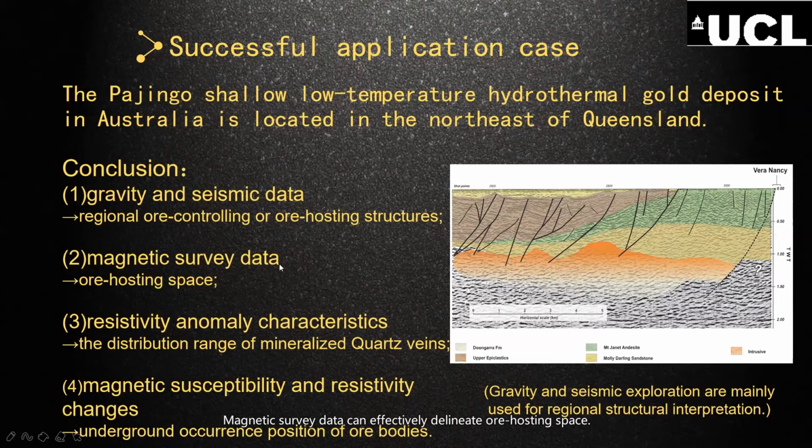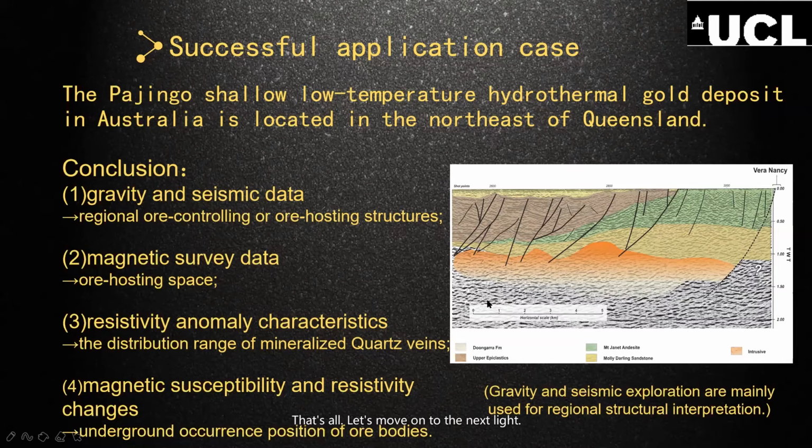Magnetic surface data can efficiently delineate ore-hosting space. Resistivity anomaly characteristics can reveal the distribution range of mineralized quartz veins. And finally, the combined characteristics of magnetic susceptibility and resistivity changes can be used to find the underground occurrence position of ore bodies.